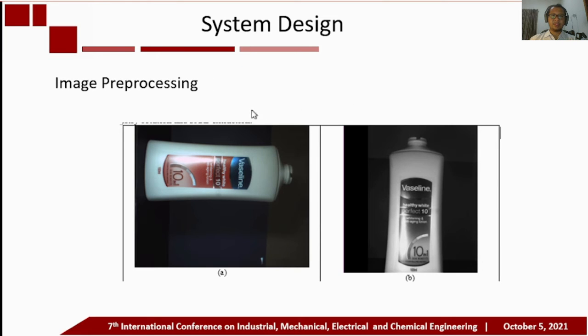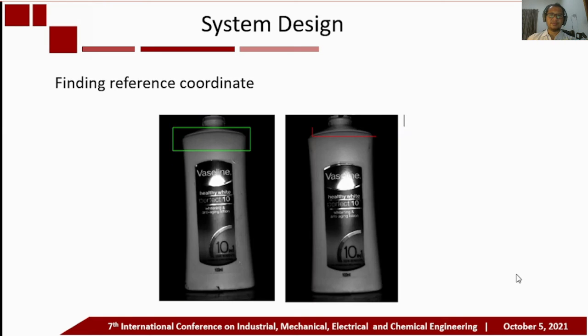The image processing is to precondition, to make some initial condition of the image. For example, we rotate the image if it is not rotated yet, and we also take one channel of the RGB image so that we will process it in gray level.